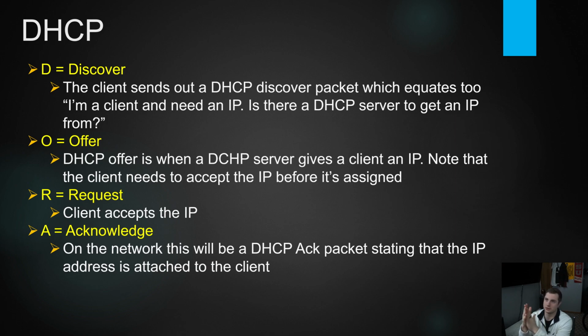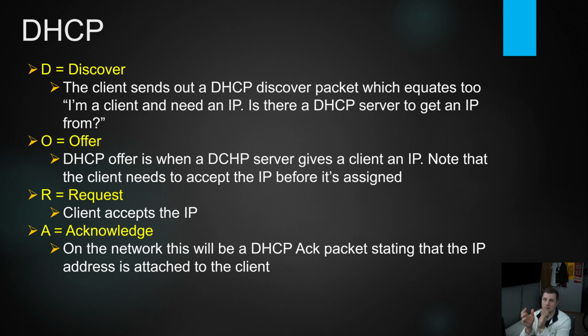So let's move back to the original point. O is for offer. Whichever DHCP server responds first is going to offer an IP. So yes, we have an IP, here you go, do you want this one? The client is going to go, yes, I do, and they call it request here. Yes, I do, I want this IP address, please give it to me.